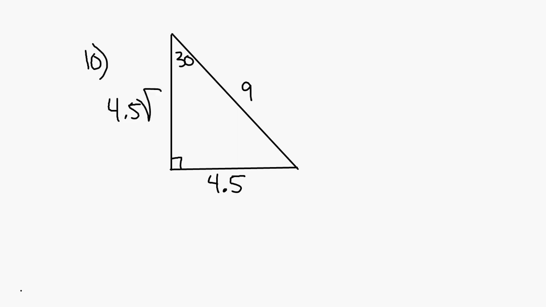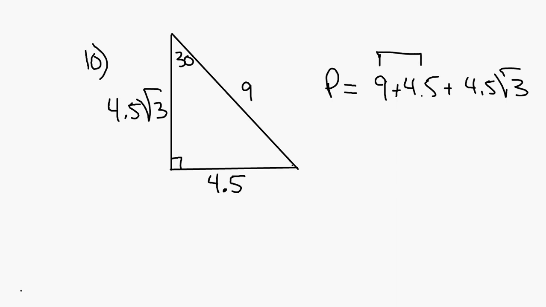The question is to find the perimeter. Well, the perimeter of a triangle is equal to the sum of the sides. So if you take 9 plus 4.5 plus 4.5 radical 3, you can add these two together. They're called like terms. So you get 13.5 plus 4.5 radical 3.